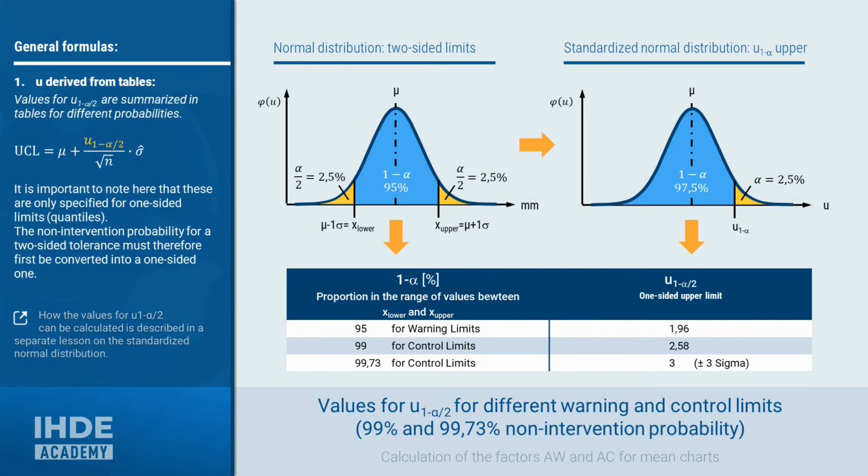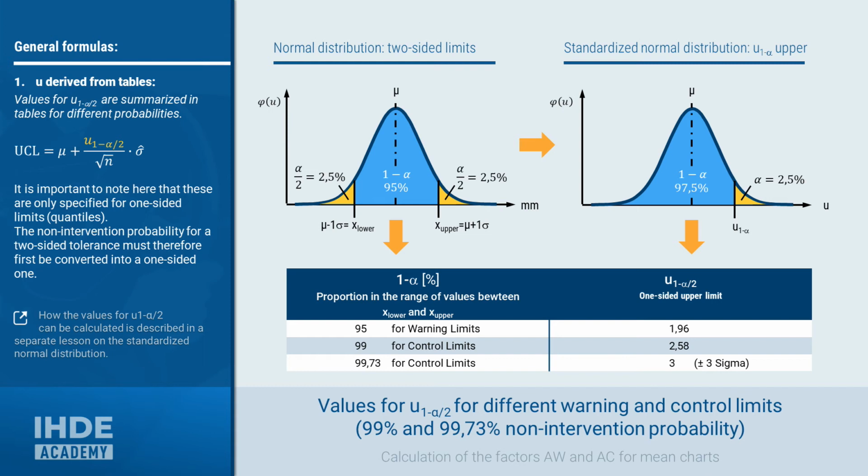As already mentioned, first we need the quantiles of the standard normal distribution for the selected non-interference probabilities. As also mentioned in the introduction, deeper knowledge of how to calculate these quantiles is required at this point. But there is also a separate lesson for this.